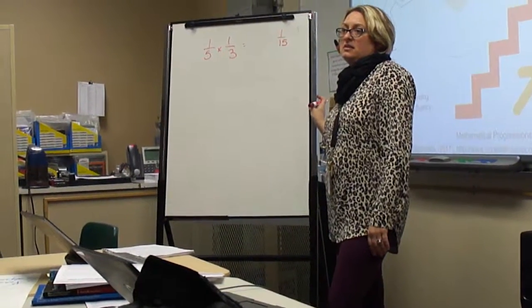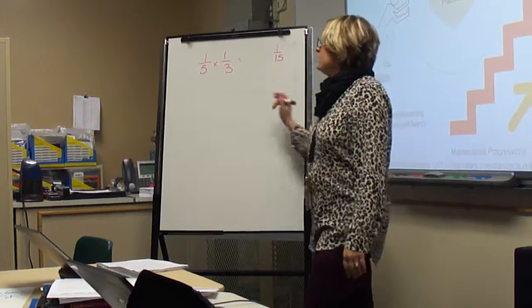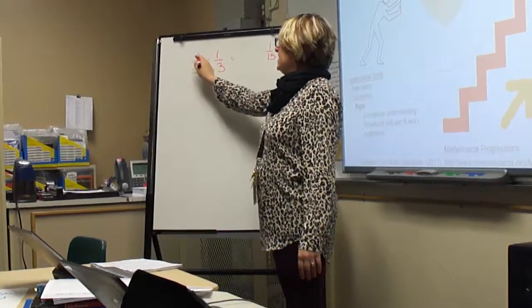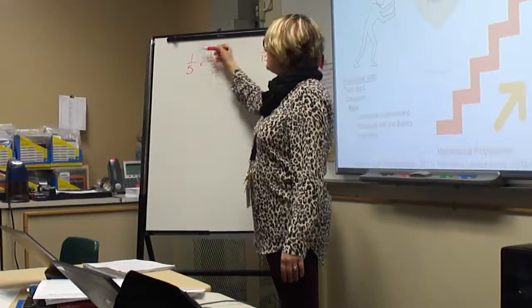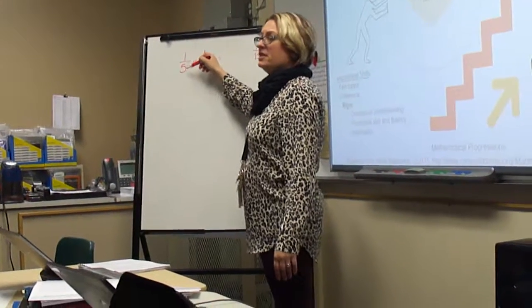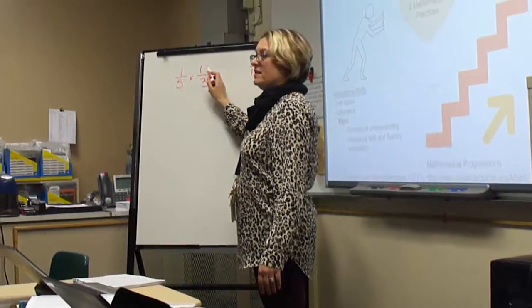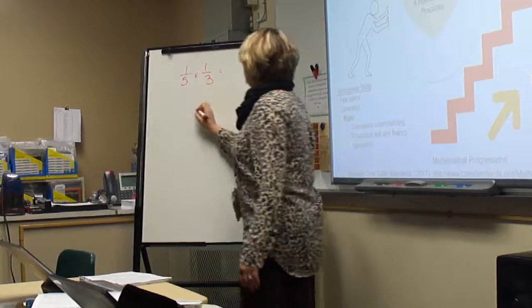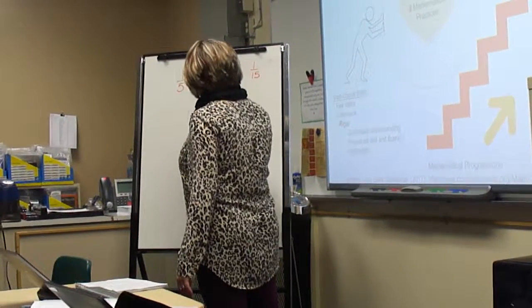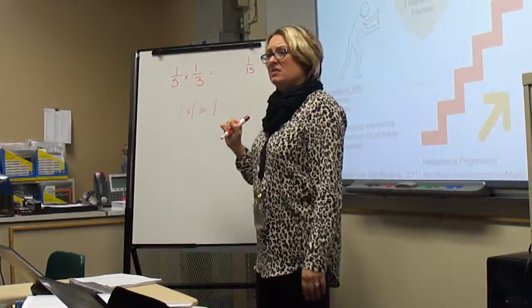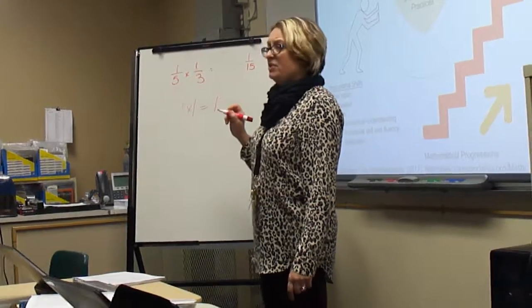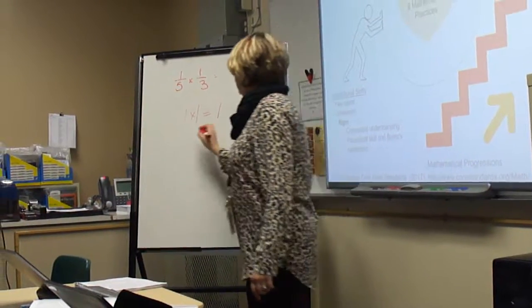1 times 1 is 1. 5 times 3 is 15. Okay, so you took this and you multiplied it times the. So is that the numerator or denominator? Numerator. So you multiplied 1 times 1, and that gave you 1. Okay, so you said 1 times 1 equals 1, and then what did you do? I multiplied the denominators. Okay, which is what? 5 times 3 equals 15.